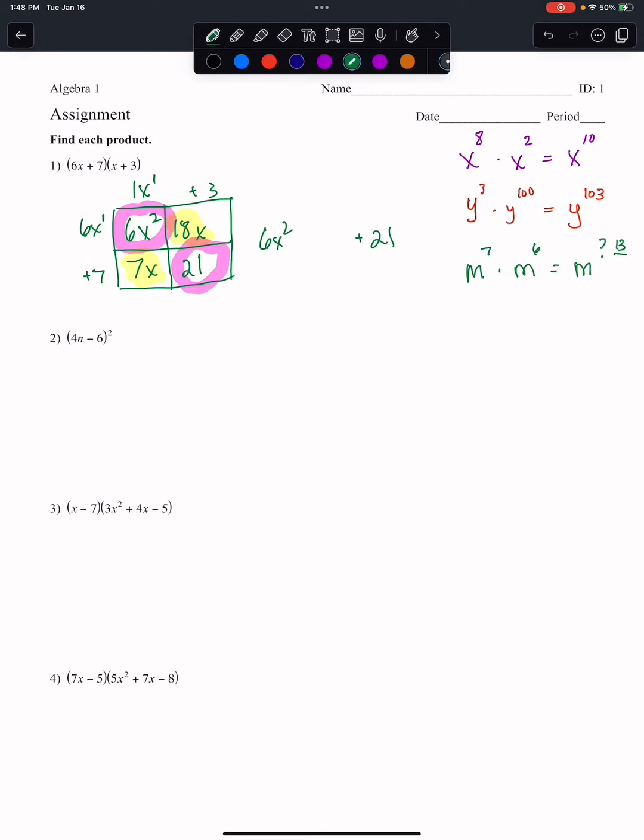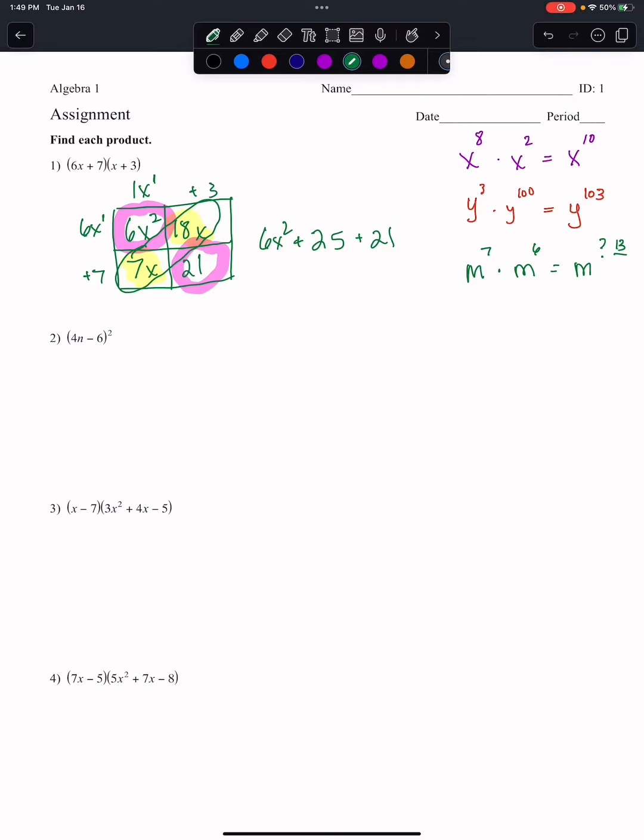And since that's a positive 21, I'll put plus 21. And then we add the diagonals. 18x plus 7x is a positive 25x. Okay? So that's how that works.